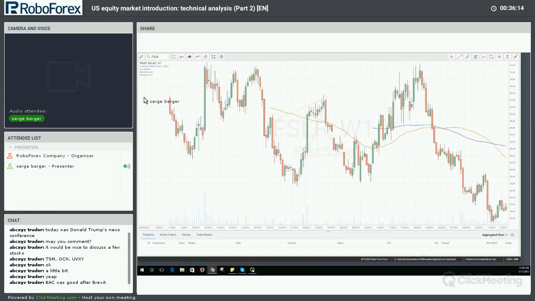But on the weekly chart, you can see the importance of having a multi-time frame approach.